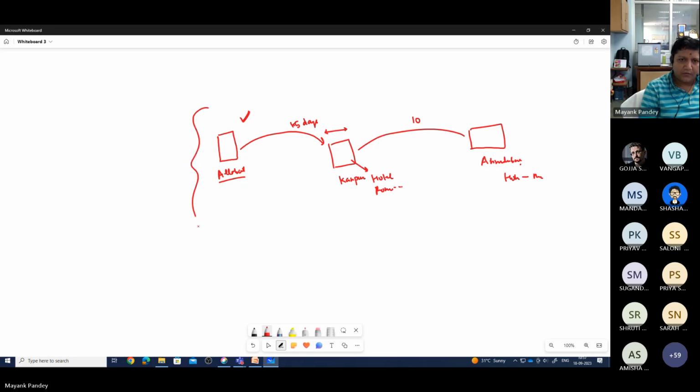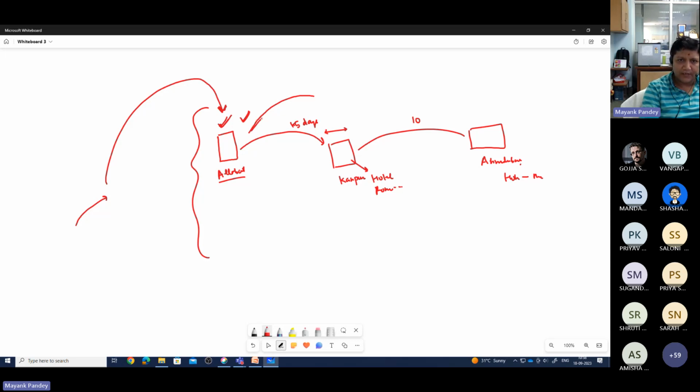So for the rest of the world, my address is Allahabad only. Whatever mail, snail mail I'm talking about, whatever is destined to me, would reach Allahabad, because this is my home network. Now the Allahabad people will forward this, because they know that for the next 15 days I would be in Kanpur.